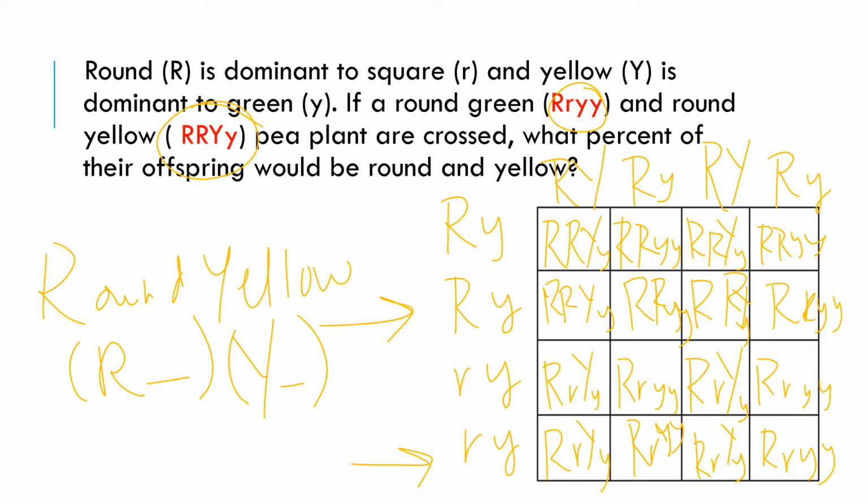If I notice, all of these children going down this column right here have capital R's and capital Y's. The kids going down this column also have all capital R and capital Y. So that means 4 and 4, so 8 out of the 16 children will be round and yellow. Box this in, this is your final answer.